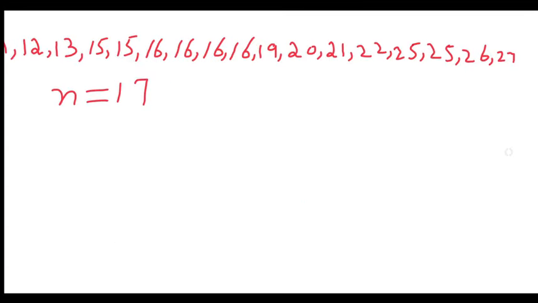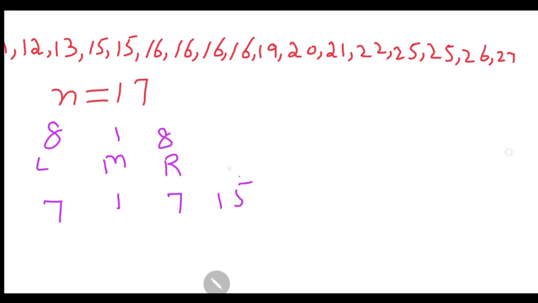According to the second method, there are 17 values, which means 8 on the left hand side, 8 on the right hand side, and 1 in the middle. If you have 15 values, that means 7 left hand side, 7 right hand side, and 1 in the middle.